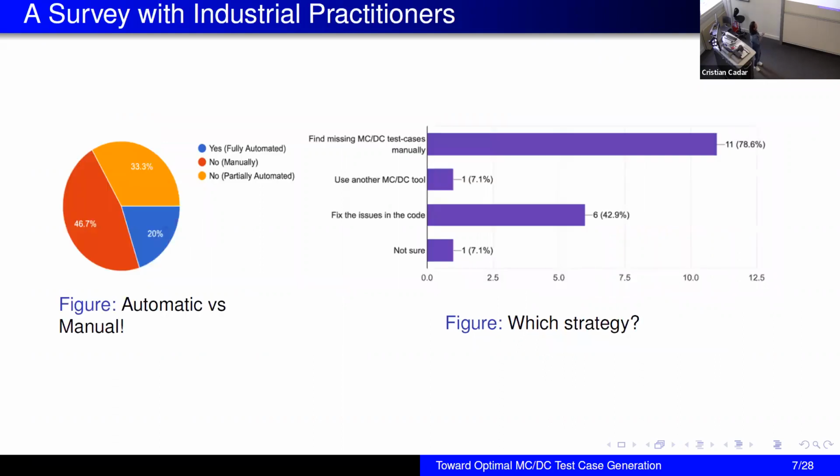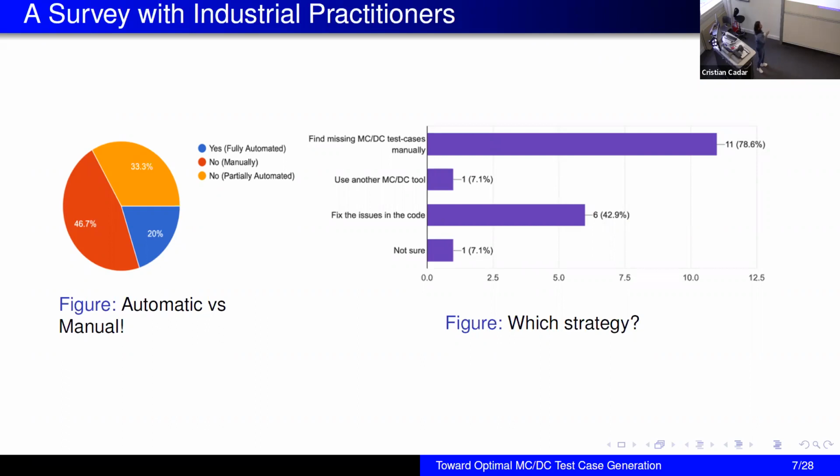We asked our participants whether their approach is automated, partially automated, or manual. From this pie chart we can see that only 20% of the participants are using fully automated techniques. Then we asked them what approach they follow when they obtain a low MCDC score for a program.